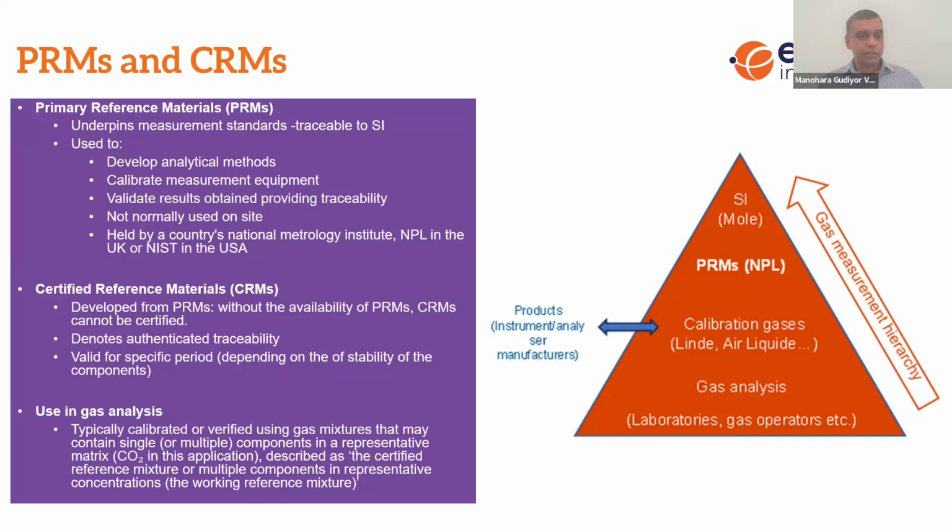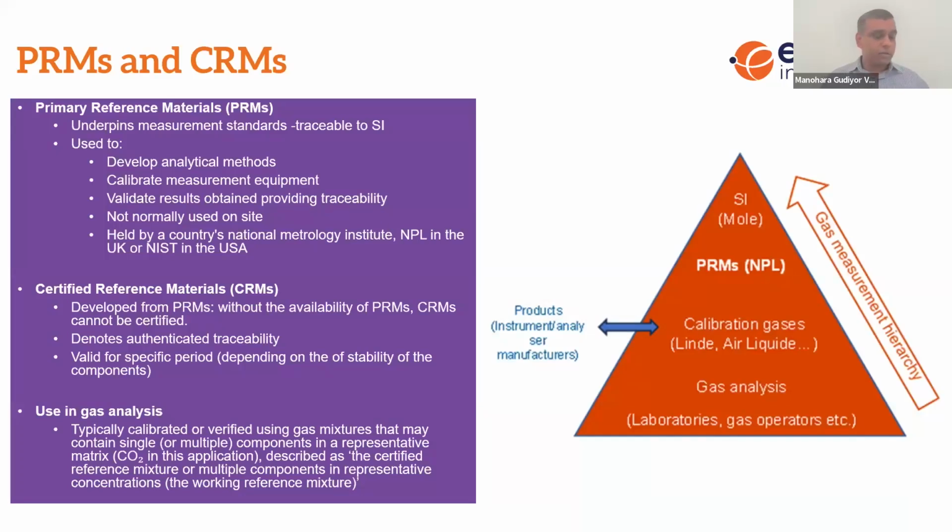Once you have primary reference materials, you pass this knowledge and traceability to certified reference materials. You develop these certified reference materials, which will again be passed on to all the gas analysis down the hierarchy.